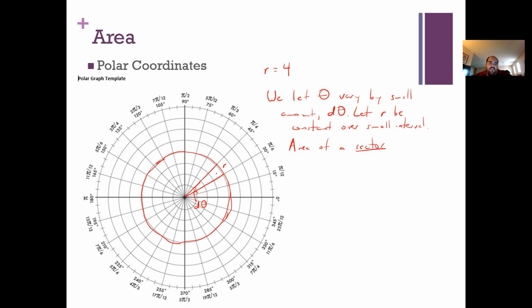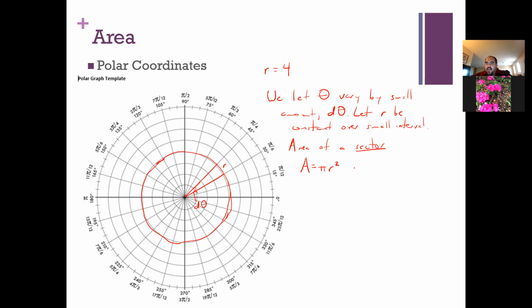So we should probably figure out, if we don't know already, how do we find the area of a sector? Let's start from this. How do you find the area of a complete circle? Pi r squared, right? But I don't want to find the area of a whole circle.